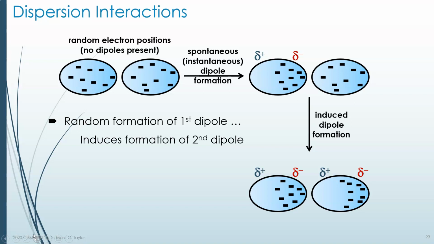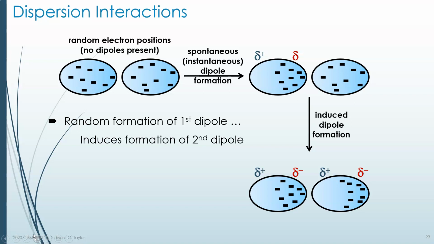So if you have the second dipole form, because it was induced by the other dipole, we call the second dipole an induced dipole. And I'm not going to expect you to know the names spontaneous and induced. You should just know that a dispersion interaction can happen with all molecules, but it's more important with nonpolars because that's the only thing they can use, and bigger nonpolars have better dispersion than smaller nonpolars.